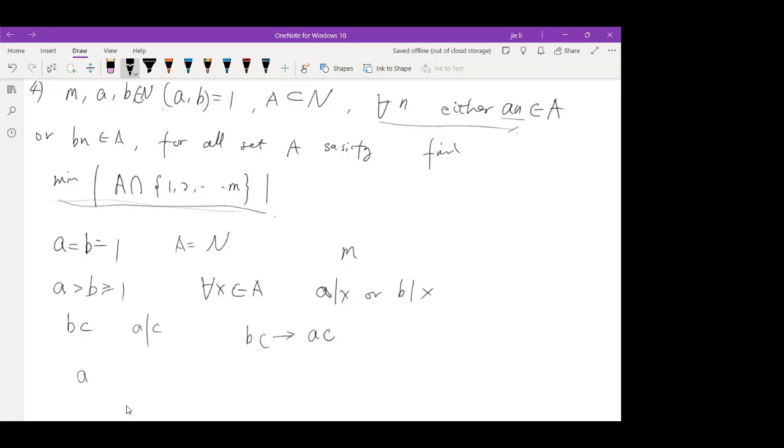Let's think about if we have a squared c, and of course this one does not divide c. Well, we can change this. Do we need to keep this one?